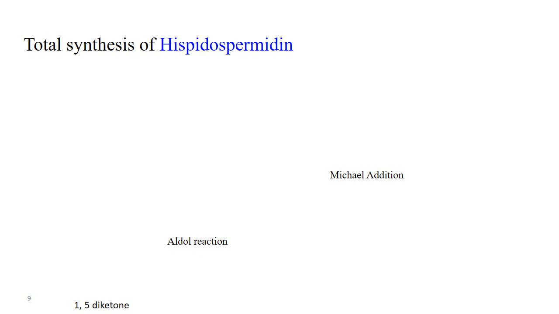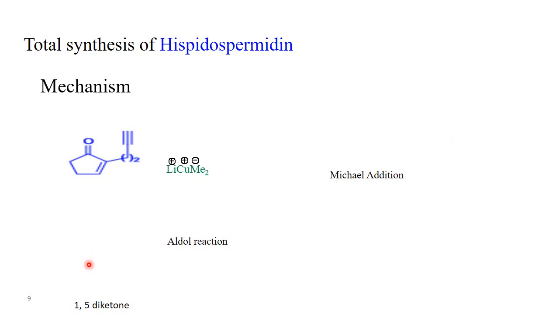Total synthesis of hispidosupermidine mechanism. So here we will describe the mechanism stepwise. See here, 2-substituted cyclopentanone upon reaction with lithium dimethyl cuprate gives us enolate.